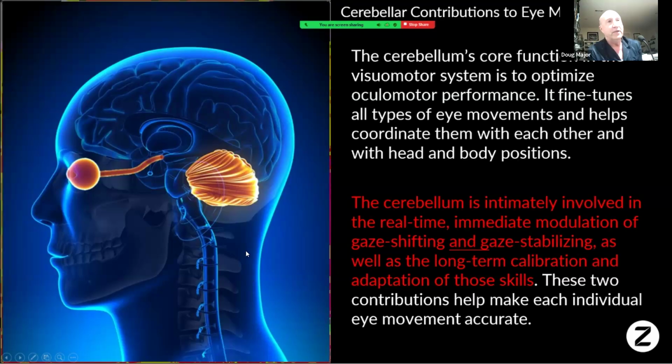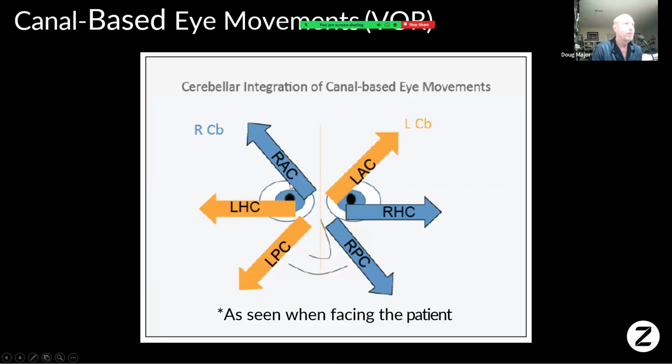So the cerebellum is a core function in the visual motor system to optimize performance. The cerebellum is intimately involved in real-time, immediate modulation of gaze shifting and gaze stabilization, as well as long-term calibration and adaptation of those skills. Intimately involved in real-time change.